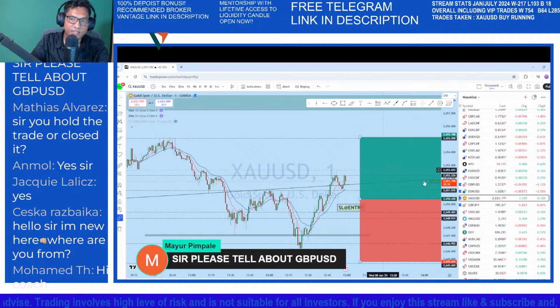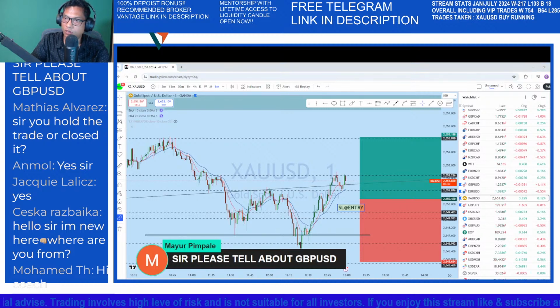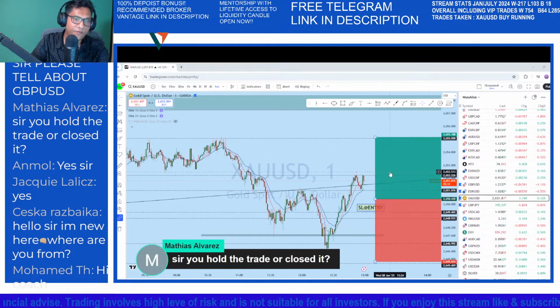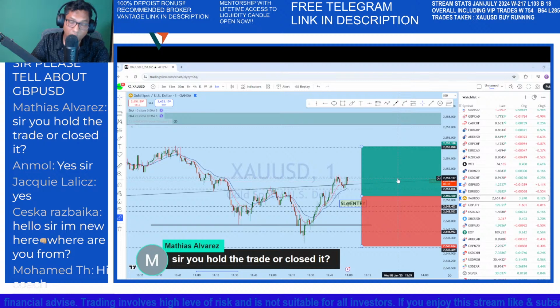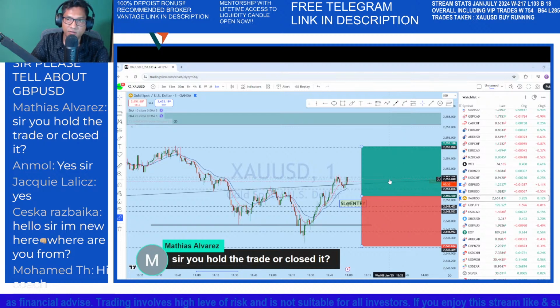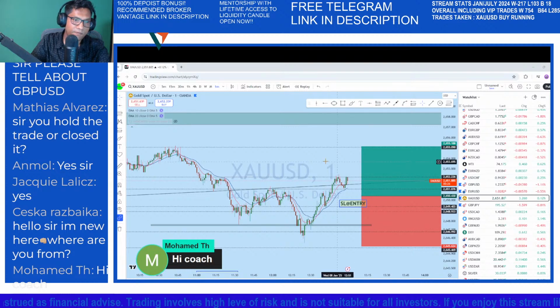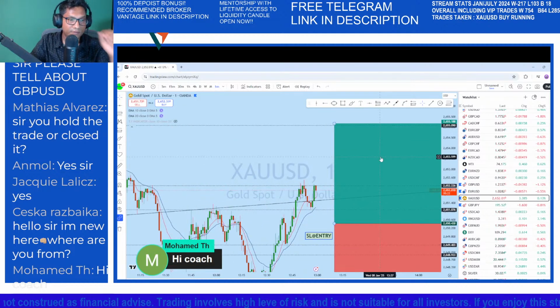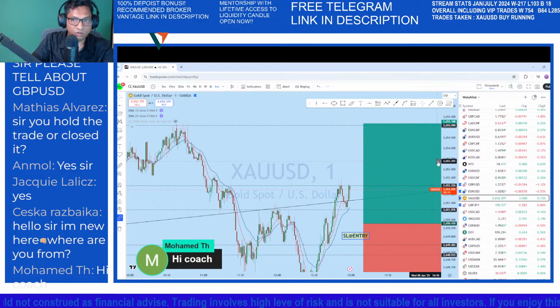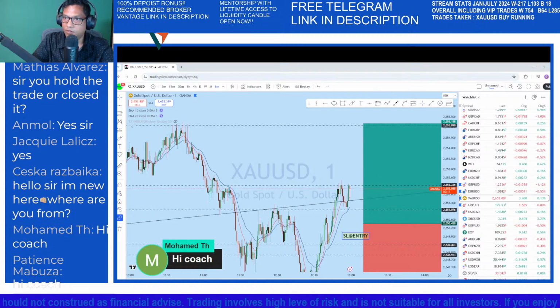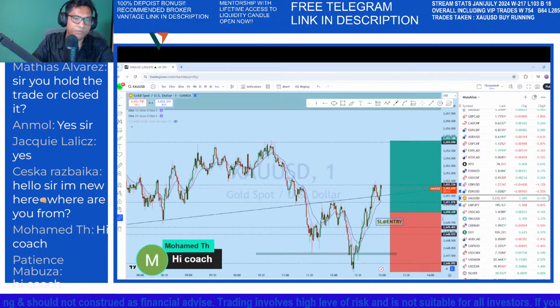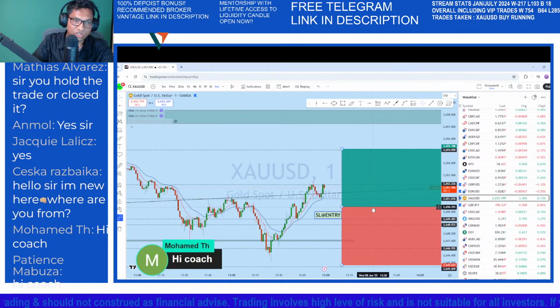If you have a very small account, then probably you can use a fixed, very small lot. But the most important part is that you always calculate the lot based on your risk percentage in each trade, which is very essential.